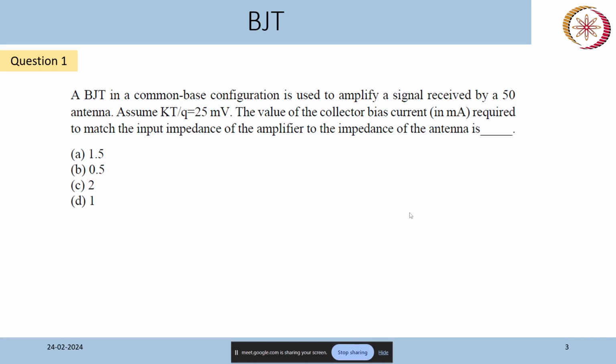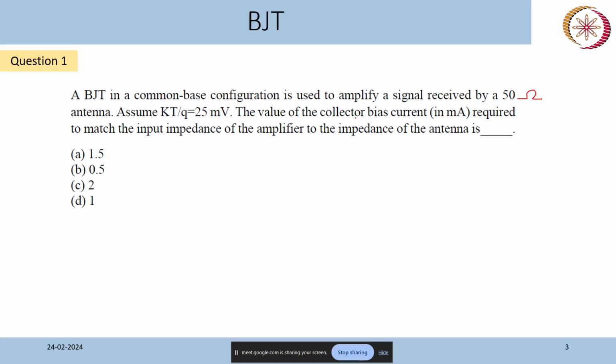So this is the first question, question 1. A BJT is in common base configuration and it is used to amplify a signal received by a 50 ohm antenna. Assume kT by q is 25 millivolt.